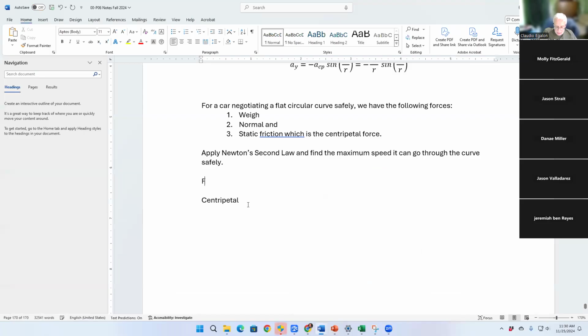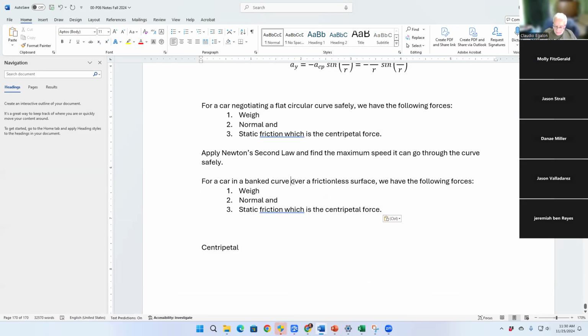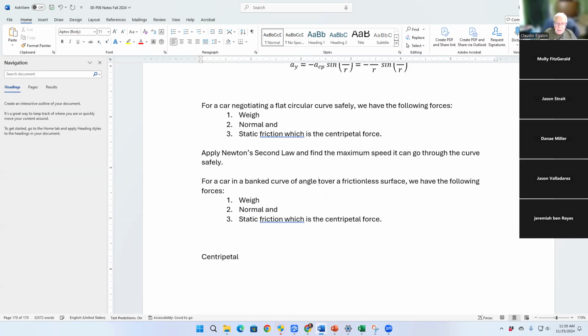Okay, car in a banked curve. Here you go, for a car in a banked curve over a frictionless surface, we have the following forces. This banked curve of angle theta.